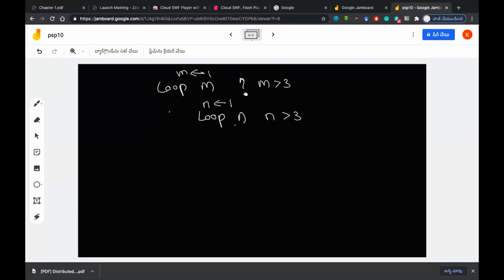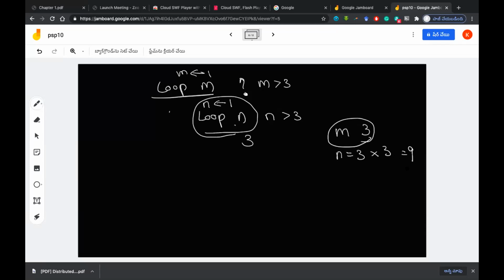So for 1 m, n will loop for 3 times. Okay, so like that, if m repeats for 3 times, how many times might n repeat? n repeats 3 times, and it repeats for m's 3 times. That means n will be encountered for 9 times.